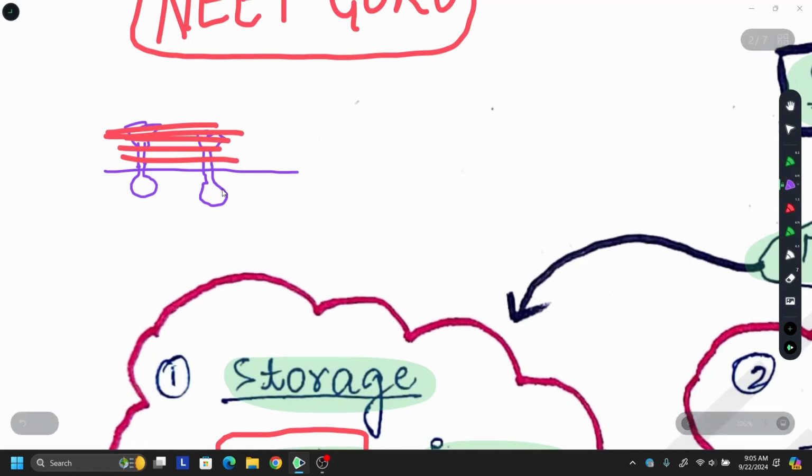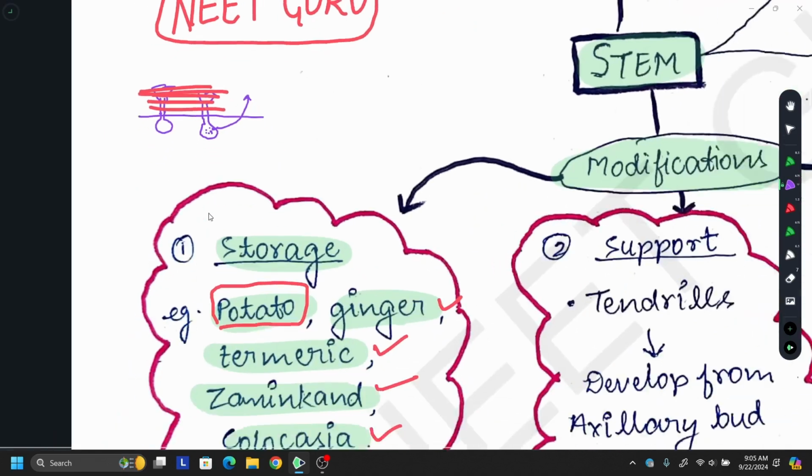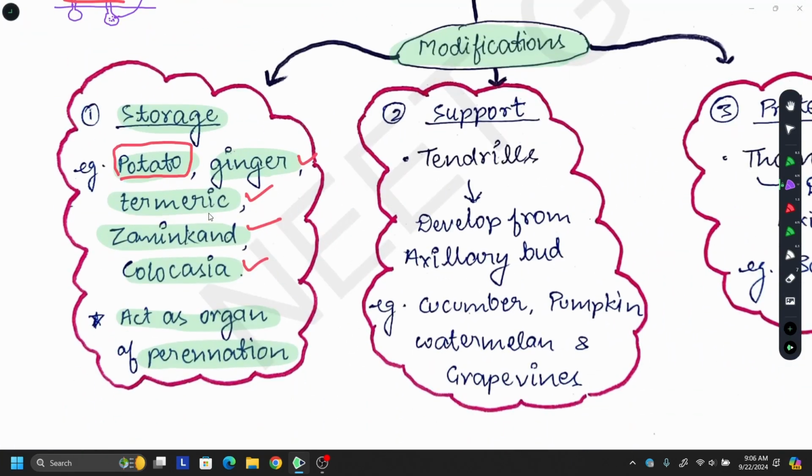But since there is potato inside the soil, it will not be affected by the fire, and using this potato a new plant will be formed here. So the potato is basically acting as an organ of perennation, a part which can continue the life of the potato. That's why we call it an organ of perennation, because it acts as continuity. In adverse conditions, potato can help the plant to grow again. That's why it is known as organ of perennation. So this is the meaning of organ of perennation.